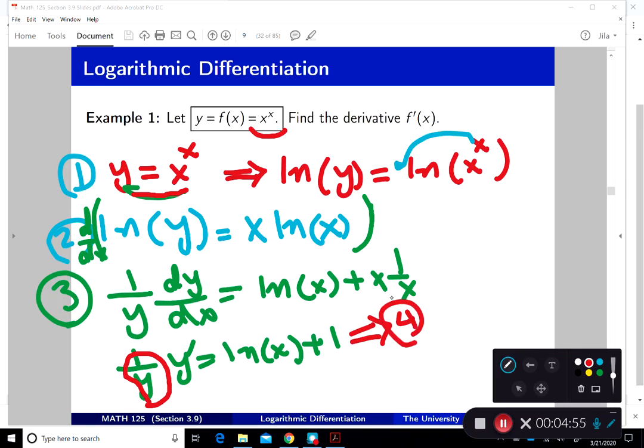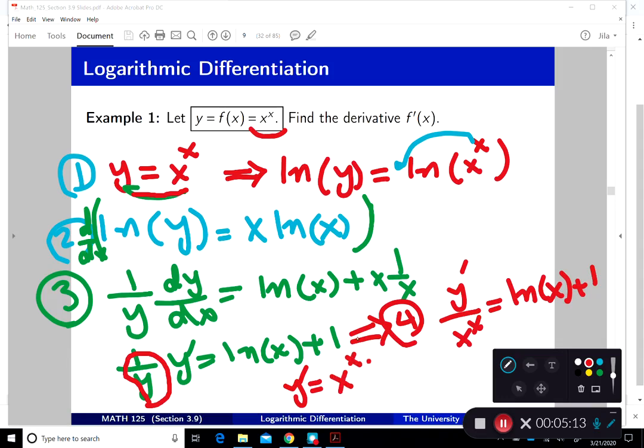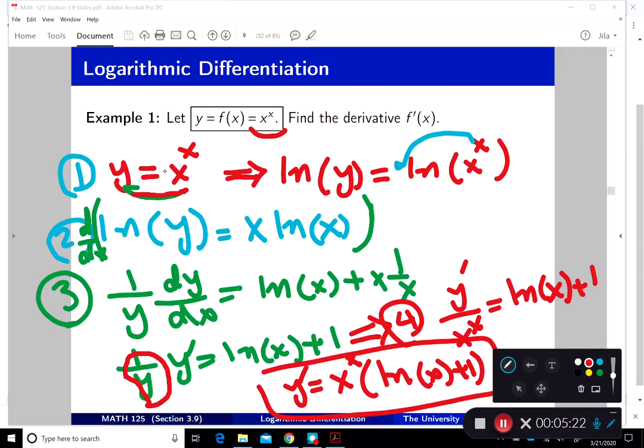I'm replacing y by x to the power x, and I'm getting natural log of x plus 1. That is, the final answer is y prime is equal to x to the power x times natural log x plus 1. And that's the derivative of this function.